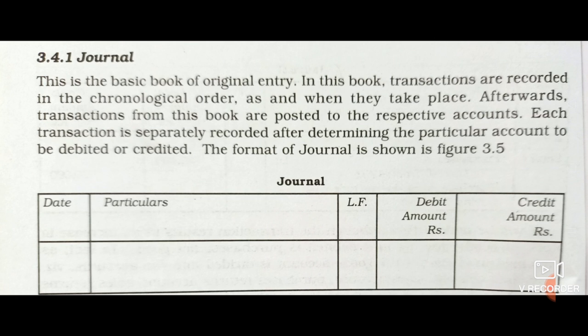Narration is a brief written description of the transaction. Now, the next column is LF. LF is ledger folio. This column records the page number of the ledger where the posting of this account has been made.